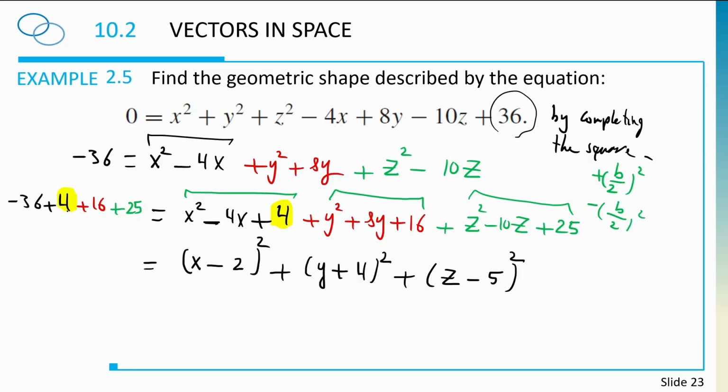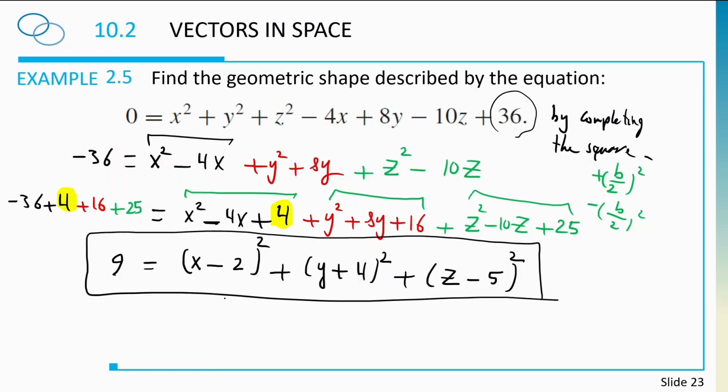So this is 20 plus 25, 45, minus 36, it's 9. So this is clearly an equation of a sphere. This is a sphere equation, with radius equal to 3 and a center.